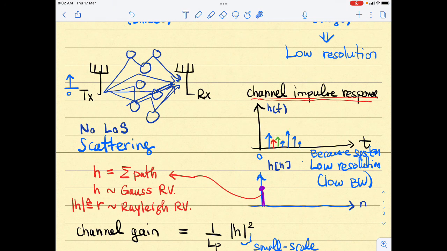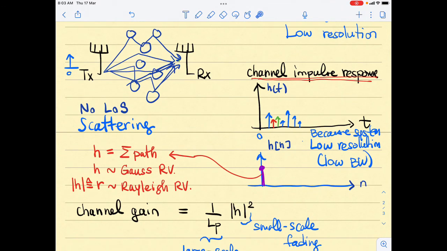So 7 different paths are coming to the receiver. And you see that the delay spread is very small. So these different paths are sticking together, right? So the delays are very similar. And since our system has low resolution because of the low bandwidth, when the system sees these different paths, it cannot distinguish them.